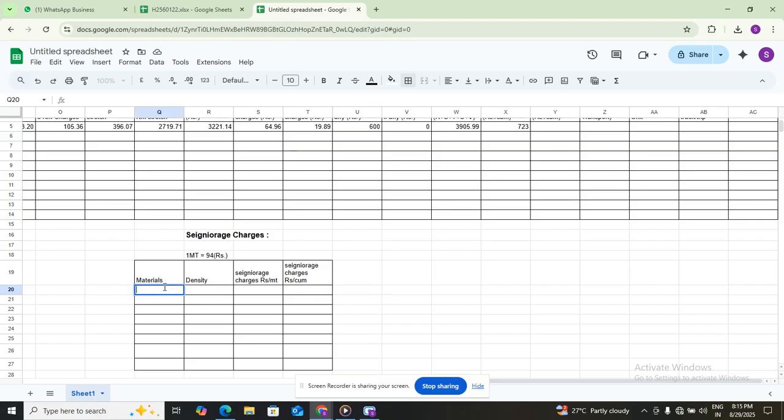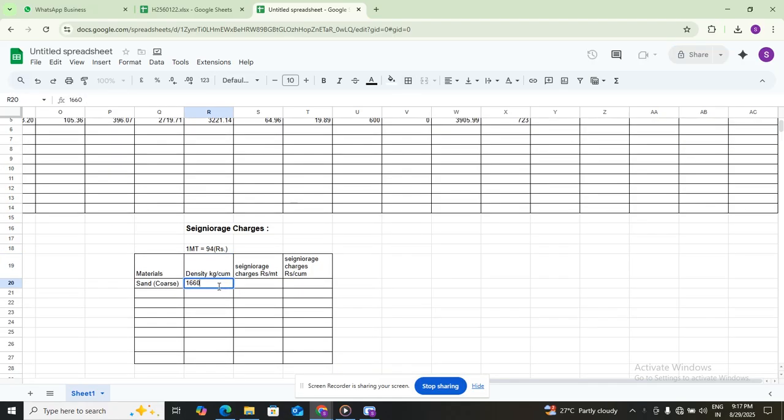First, we are using coarse sand, the sandy coarse aggregate. What is the density? I'm taking it as 1,600 kg per meter cube. Sand is 1,660 kg per meter cube.